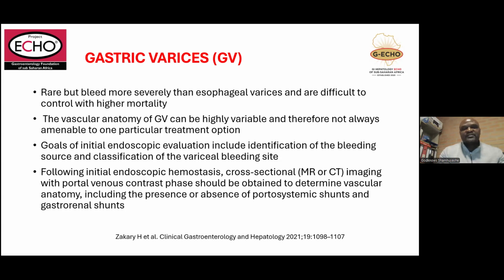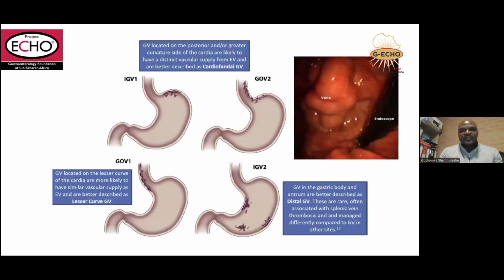So the goal of initial endoscopic evaluation includes identification of the bleeding source and classification of the variceal bleeding site, following which, after hemostasis, you need to do cross-sectional imaging, which can be an MRI or a CT scan with the portal venous contrast phase, to determine the vascular anatomy, including the presence or absence of any portosystemic shunts and gastrorenal shunts.